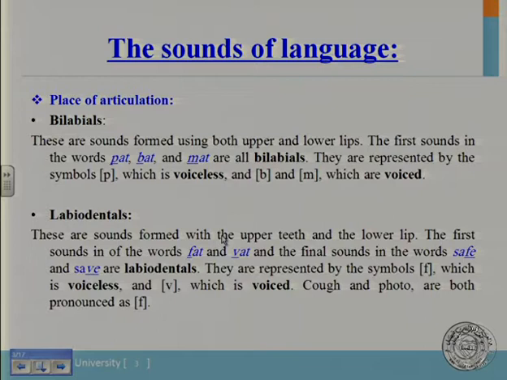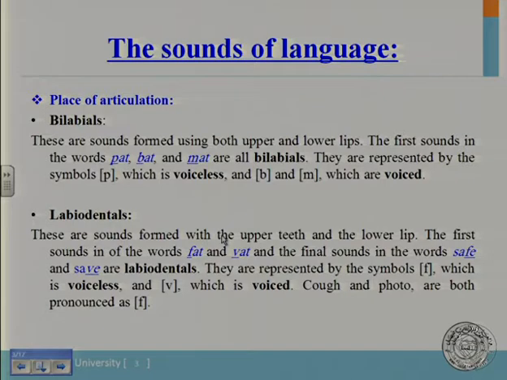The f sound is voiceless. It has no vibration. That's why it is called voiceless. But the second sound, which is represented by this shape, v, definitely we can feel the vibration here. That's why this sound is voiced.